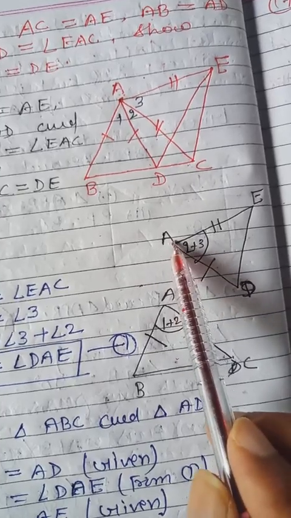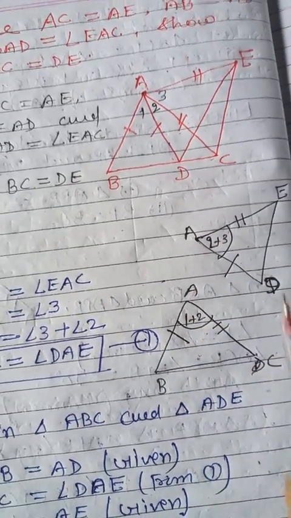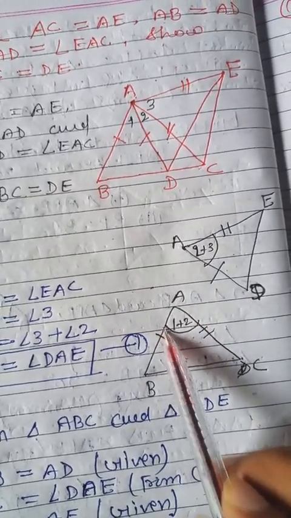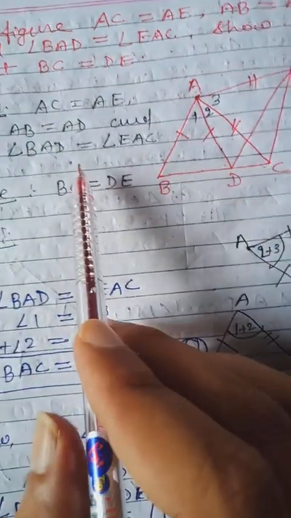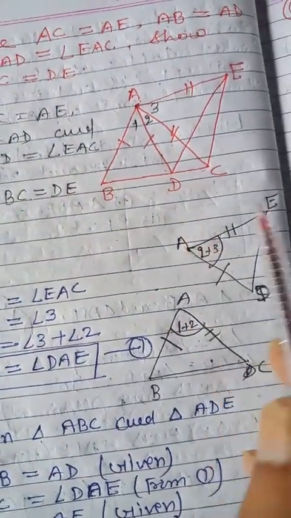Here are two triangles ADE and ABC, in which AB is equal to AD, given here, and AC is equal to AE, given here.